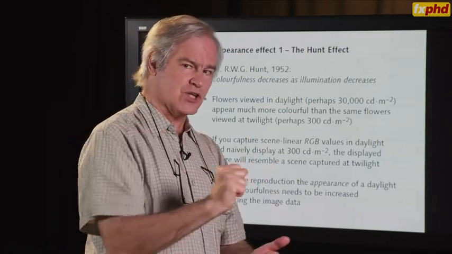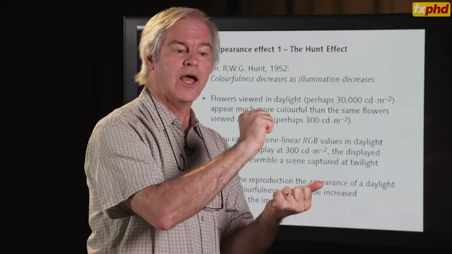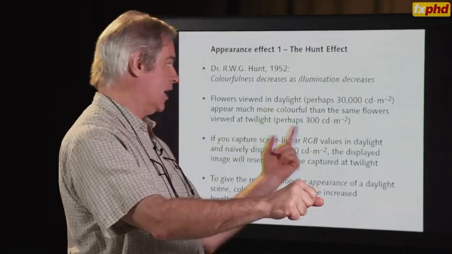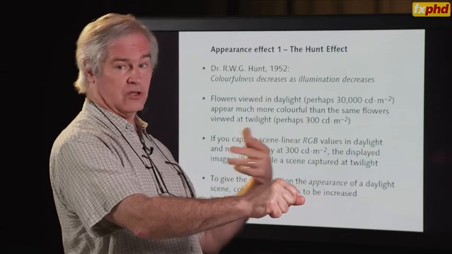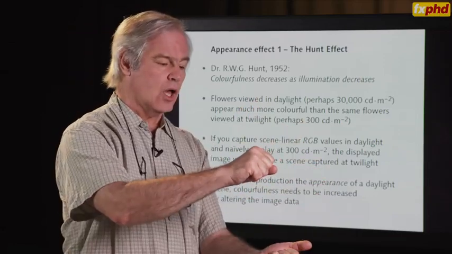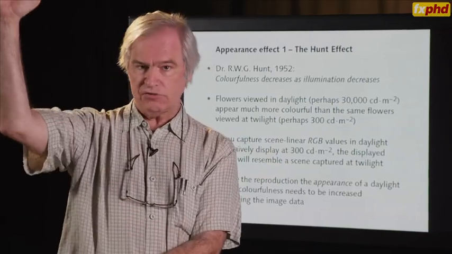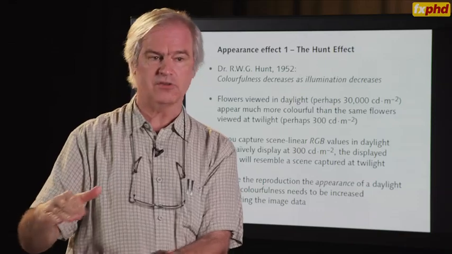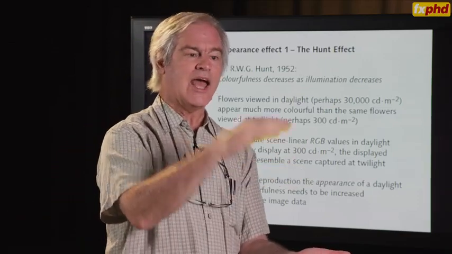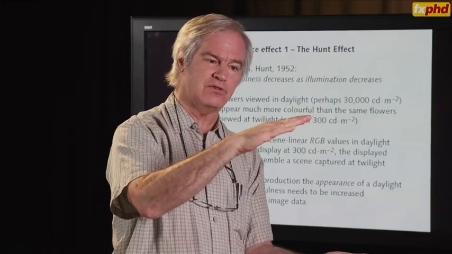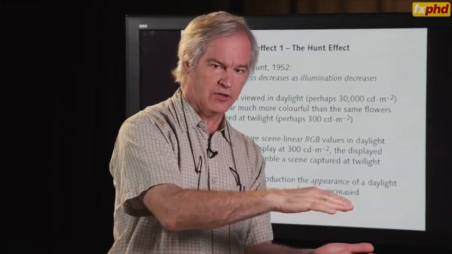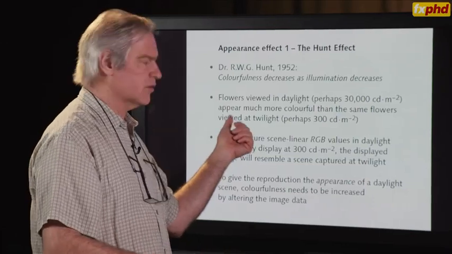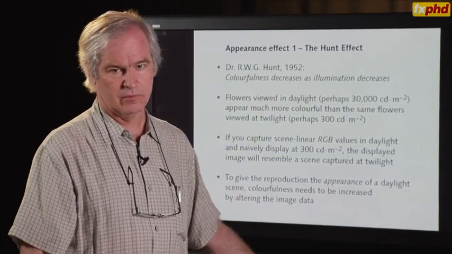You take this image data and you present it at 100 nits, or in my example, 300 nits, typical of a living room. Effectively, what you've done is you've scaled the absolute luminance down by a factor of 100. And that scaling down brings the scene down to 300 nits, looks like twilight, doesn't have the right colorfulness.